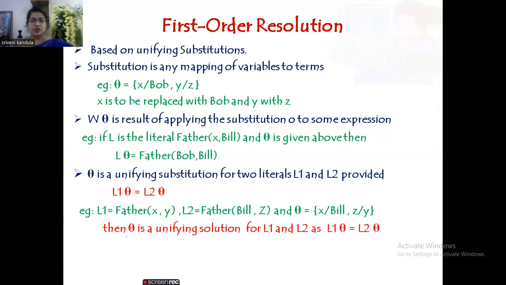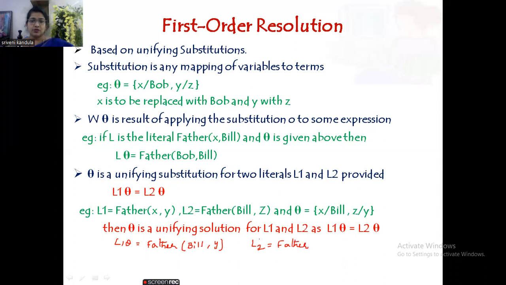So let us verify whether it is true or not. First, let us calculate L1 theta. L1 is father of x comma y. What is theta? X has to be substituted with Bill, so I will be getting father of Bill comma y. Now what is my L2? L2 is father of Bill comma z, where z has to be substituted with y.